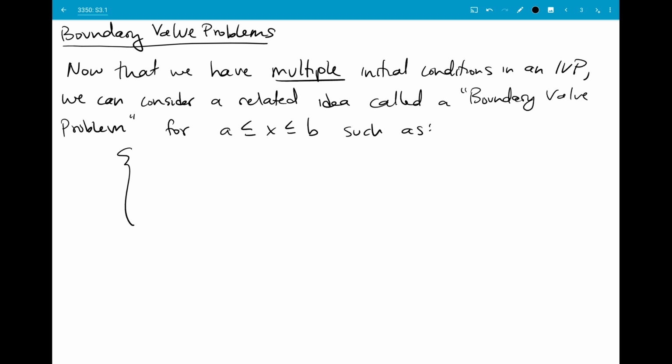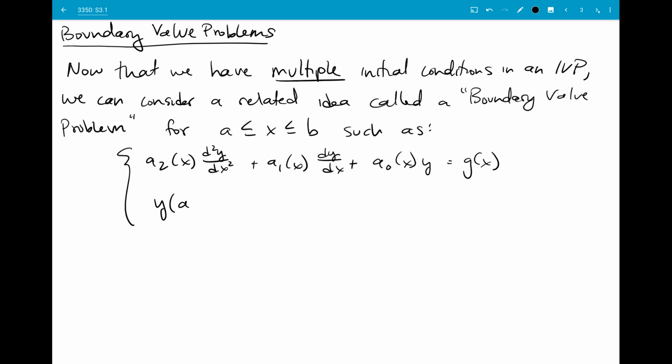And the boundary value problem would be written as a differential equation first, just like our initial value problems always start with a differential equation. So here we have a second order differential equation. And then you'd have y of a equal to y0.